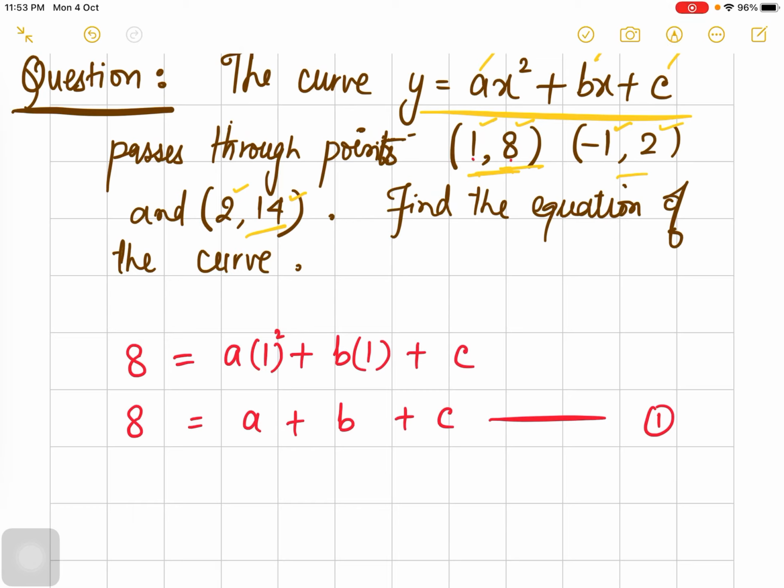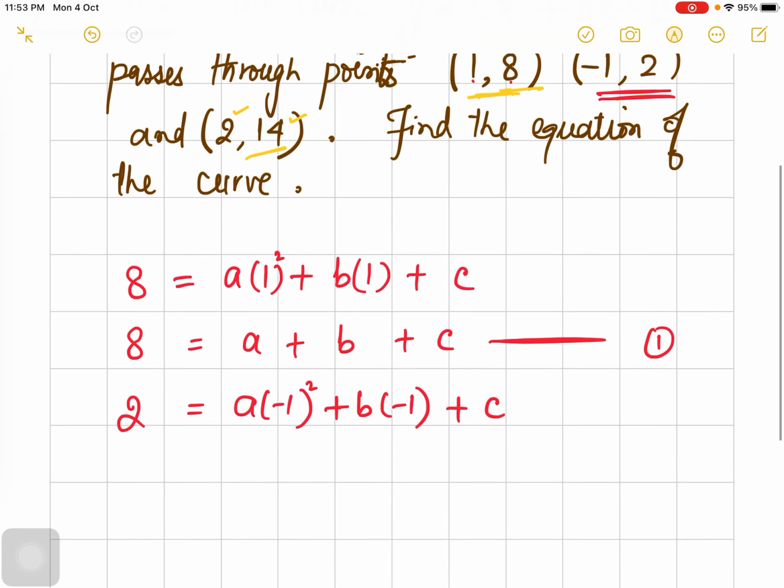The curve also passes through negative 1, 2. So 2 is equal to, this time x will be negative 1, a into negative 1 square plus b into negative 1 plus c. Let's rewrite this. It will be 2 equal to a minus b plus c.